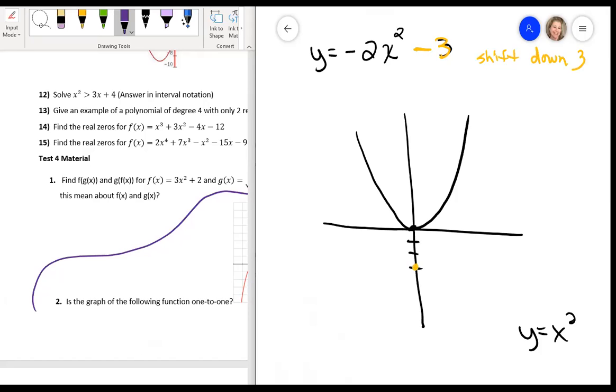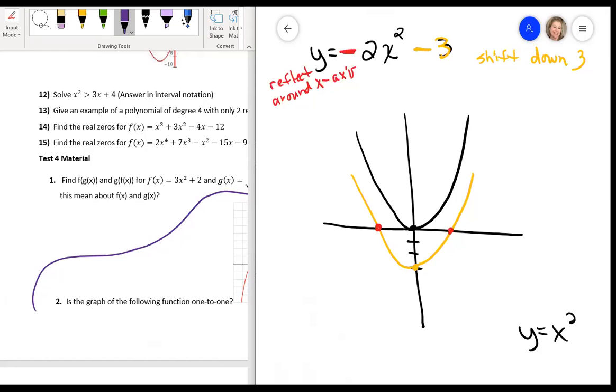So that's going to move it down here. So it now looks something like that. And then you've got this negative here. That's going to reflect it around the x-axis. So this thing will literally flip. It'll flip around these 2 points right here.